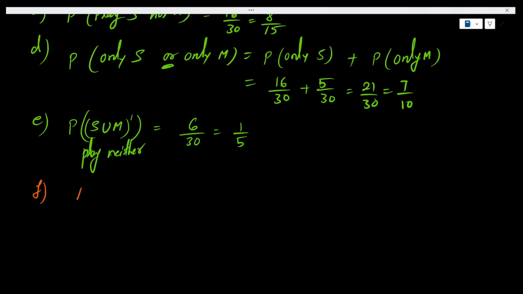If I'm getting the probability that the student plays music, what is given here? If it is known that he plays sport, right? Then it is only 3 out of 19. So this is the way you calculate the probability.